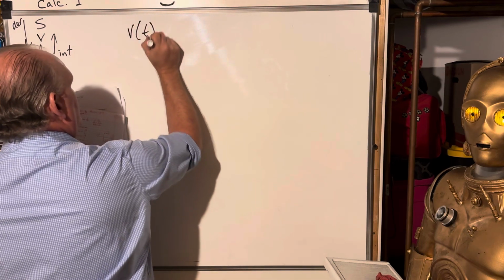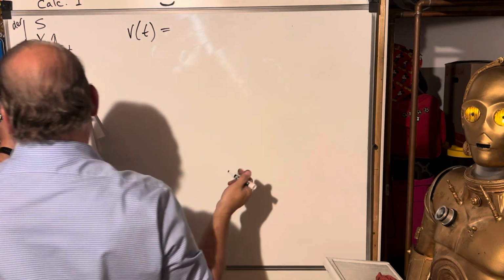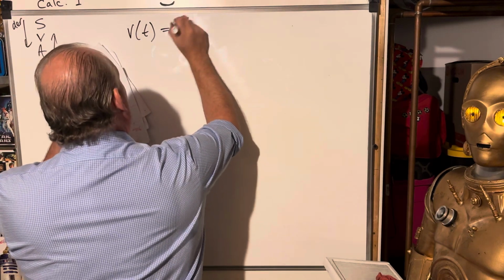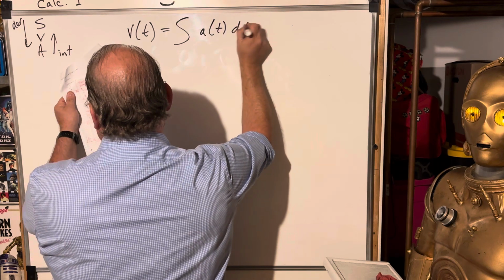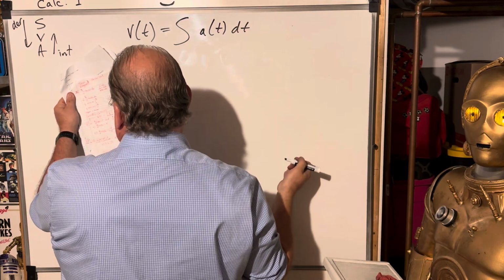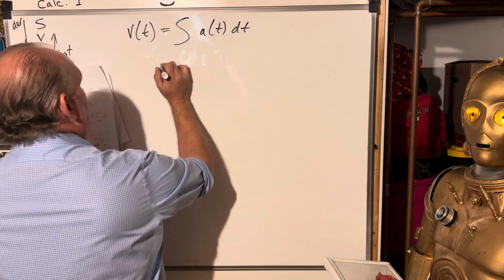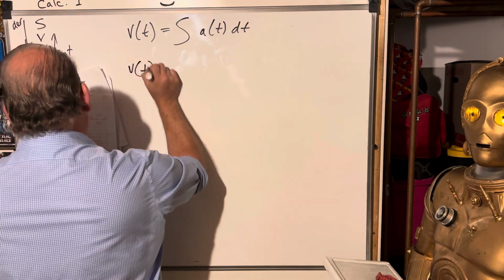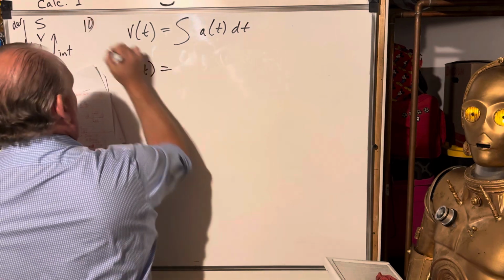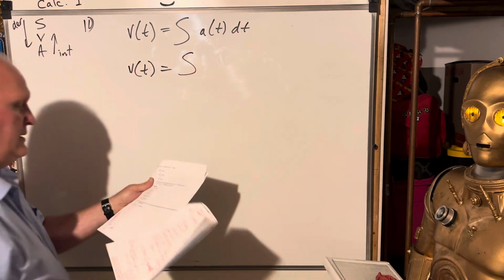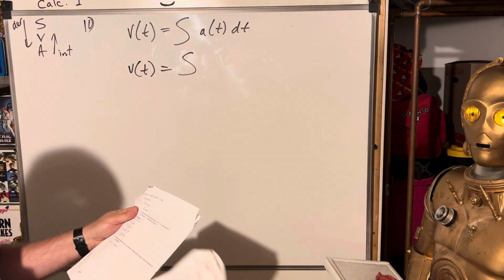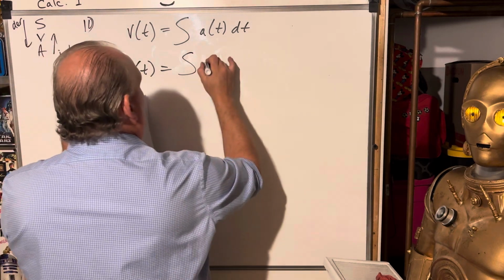Velocity v of t is going to equal the integral of a of t dt. So what does that mean? That means I am going to integrate. This is number 2. What did they tell me the acceleration was? 2t minus 4.